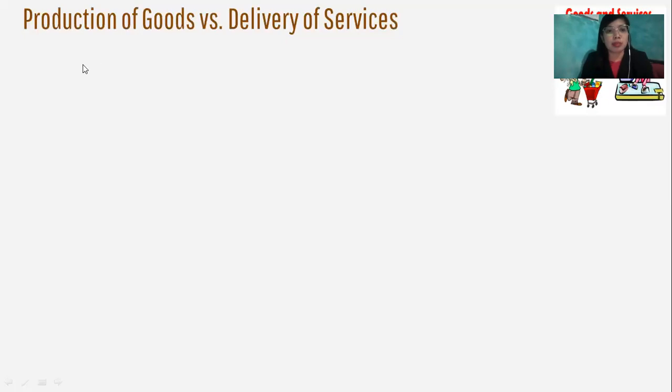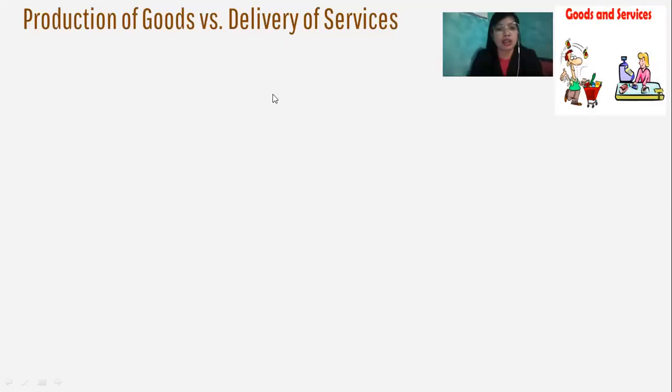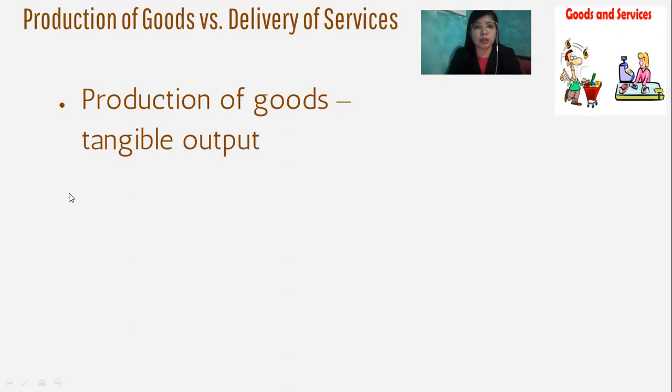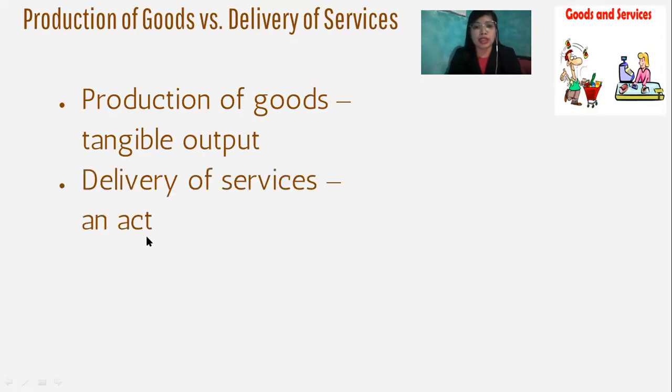Let's differentiate production of goods versus delivery of services. When we say production of goods, this is an activity done for a tangible output. And delivery of services is an activity where the product is the service, or an intangible product.